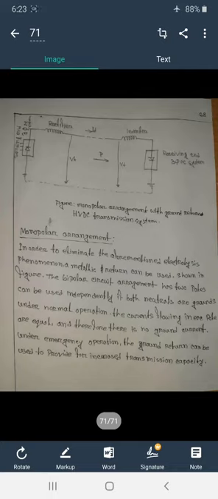Monopolar arrangement. The monopolar arrangement can be used as shown in the figure.